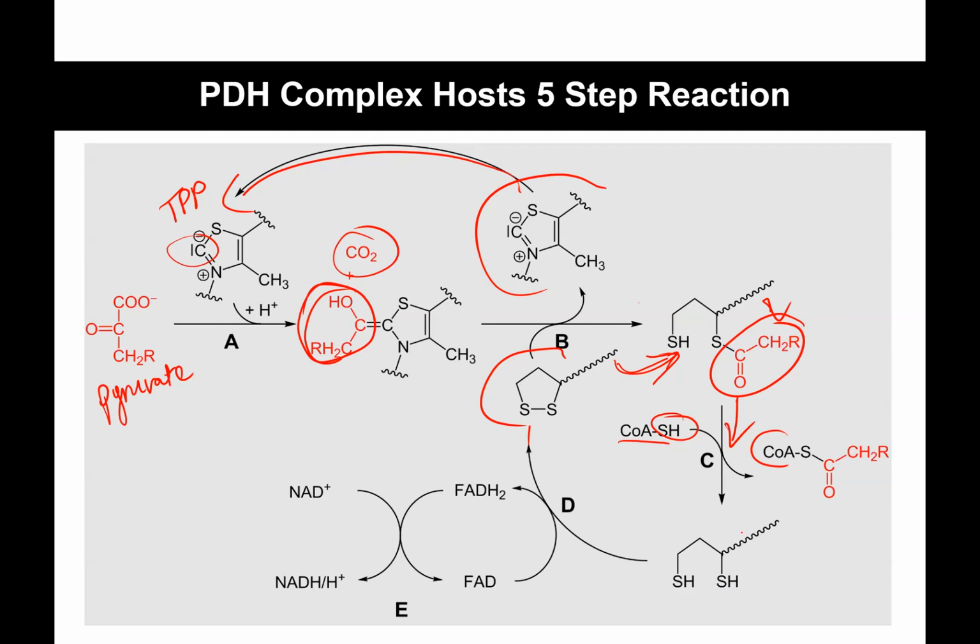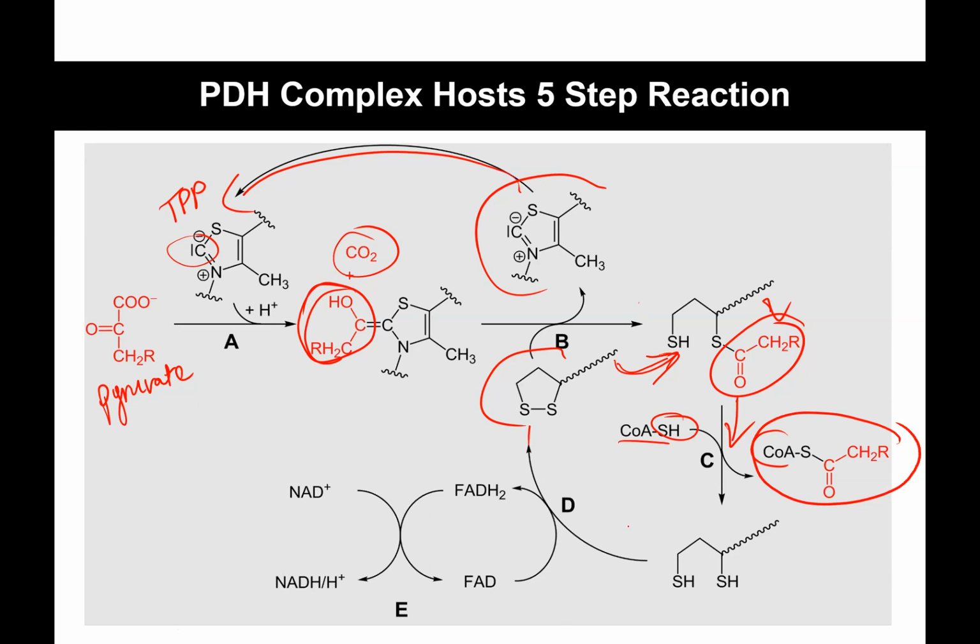At this point, we've regenerated this reduced lipoate, which is then going to get reoxidized so it can undergo another round. And then at this point, we've got acetyl coenzyme A. This is our final product, right?